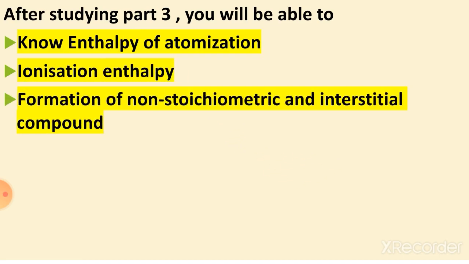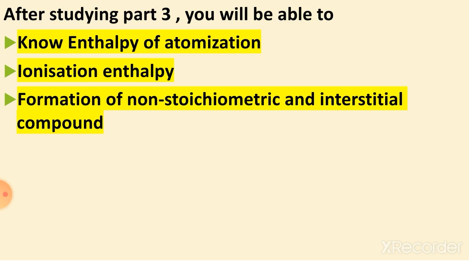Then I will tell you about the formation of non-stoichiometric compounds and interstitial compounds. About these compounds, the space between the metal lattice is known as interstitial space or voids.